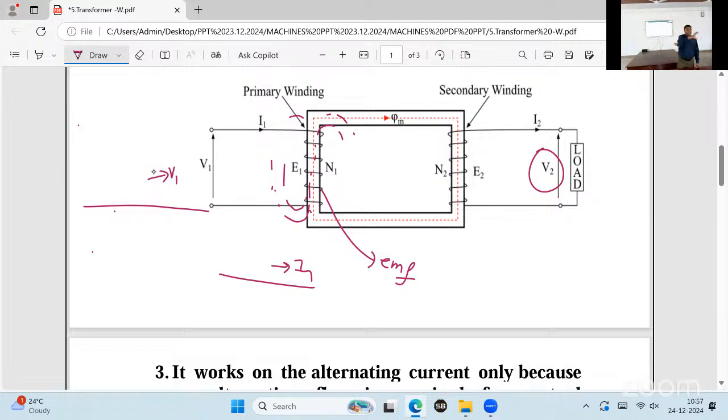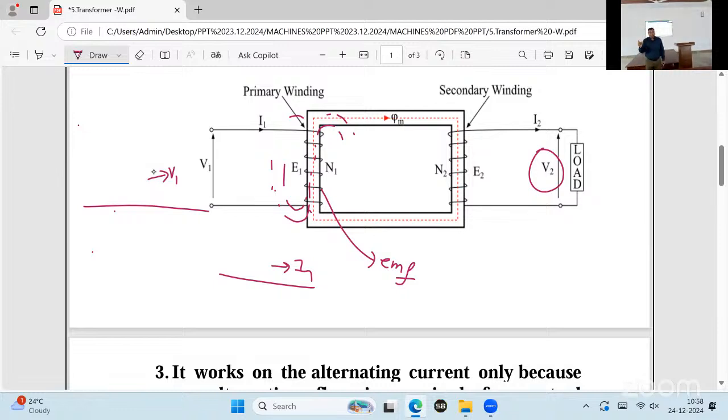We got a voltage E1. How did you get E1? Because of flux. How did you get flux? Because of current. How did you get current? Because of voltage. Clear? How did you get E1? Faraday's statement. What is the statement?